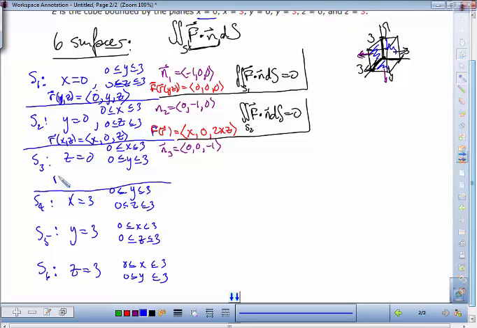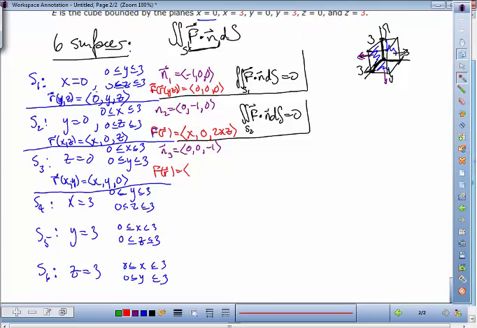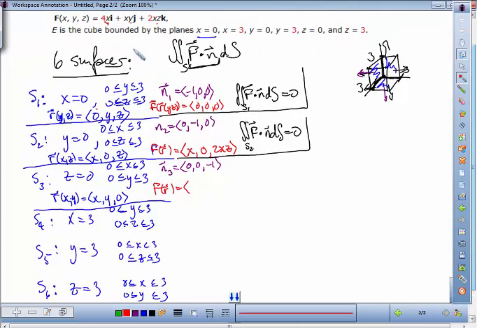Our parameterization R is going to be a function of x and y. And so x is going to be x, y is going to be y, and z is going to be 0. And so the vector field evaluated at this parameterization is going to be 4x.